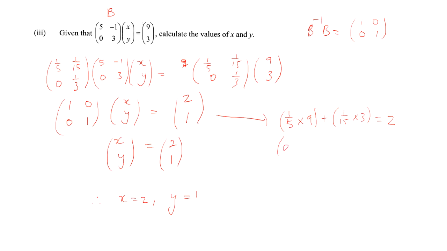And I'm also working out 0 by 9 plus 1/3 by 3, which gives me 1. Just remember how you multiply a matrix. It's row by column. The first row by the first column is how I got 2. And then I take the second row by this column, and I get 1.